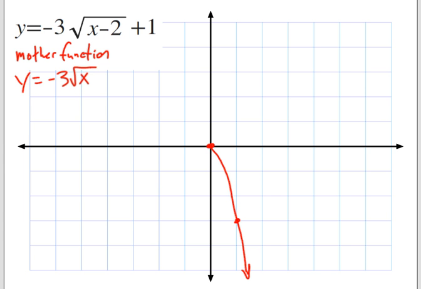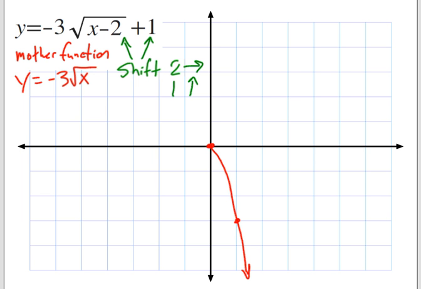Now it's time to think about my shift. The negative 2 and the positive 1. So my shift is 2 to the right and 1 up. So I'm going to move each of these points that much.